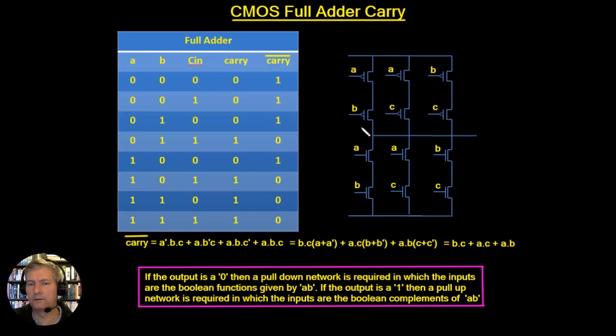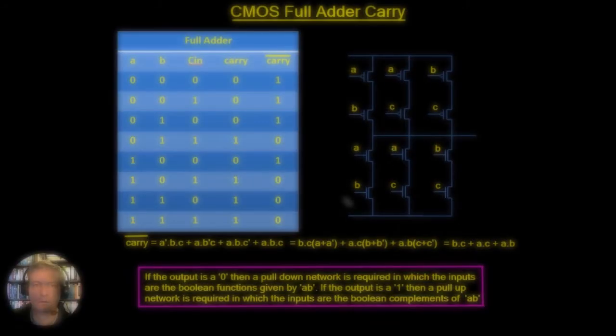And the same thing here, our other 2 values, AC: A is in parallel with C, so we'll make A in series with C, and we do the same with the B and the C. B is in parallel with C, so we make B in series with C.